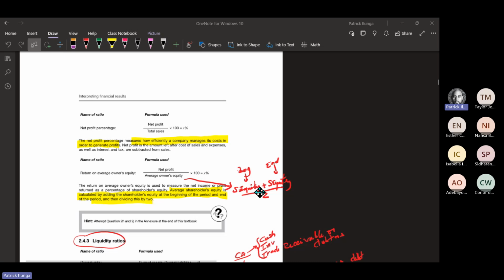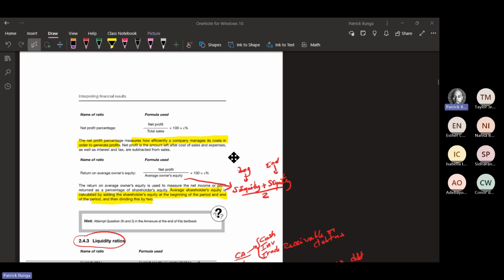Okay. So net profit, the same principle, right? But now you have to add other costs. Remember that after the main cost of sales, we have a series of other costs, right? We have the overhead that we need to minus. So we have to be very, very clear on that.